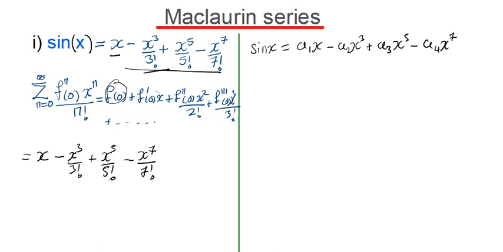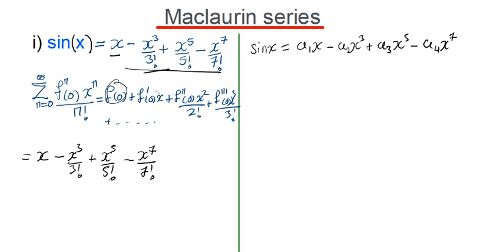So here we already know that our a1 is 1, our a2 is 1 over 3 factorial, our a3 is 1 over 5 factorial, our a4 is 1 over 7 factorial. Of course I haven't put the negative in what I'm saying, but we already see the negatives are there.